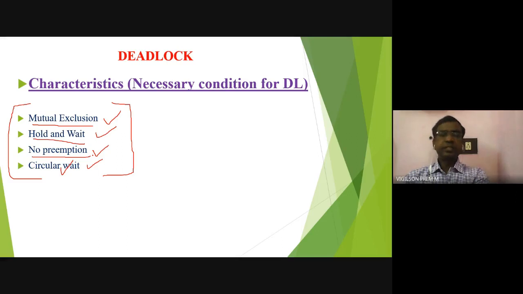That condition also we will not change. Mutual exclusion and no preemption are default conditions that always exist, so no need to check them. You only have to check these two conditions, hold and wait and circular wait.